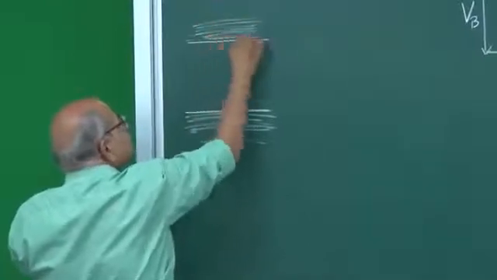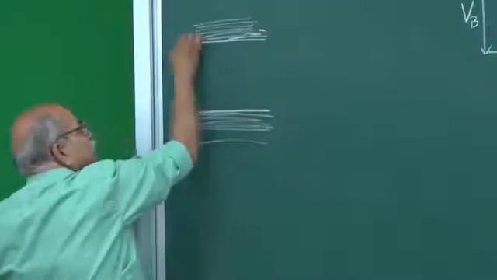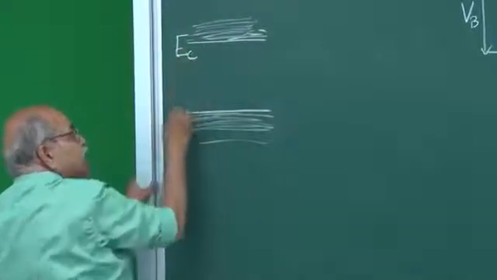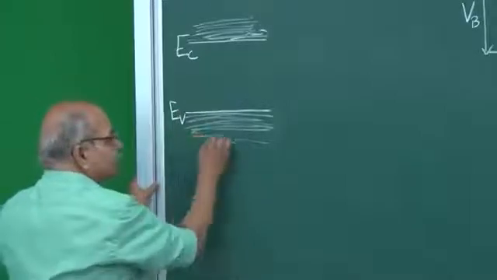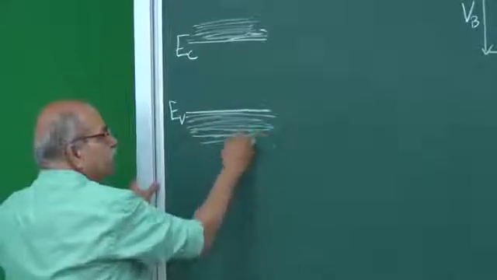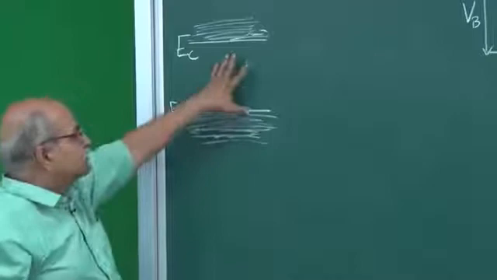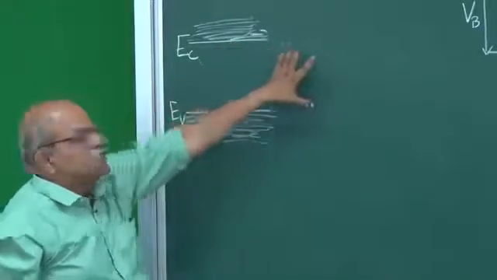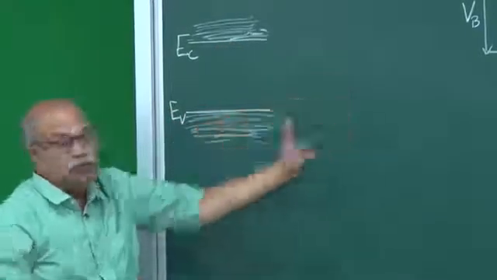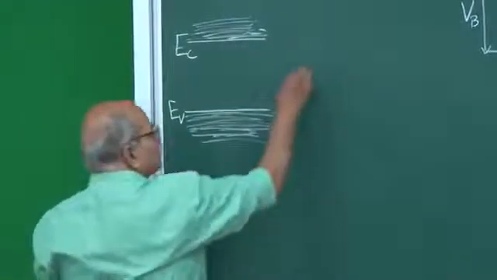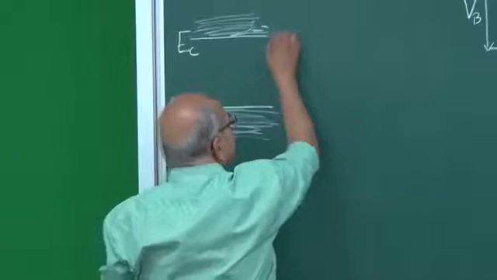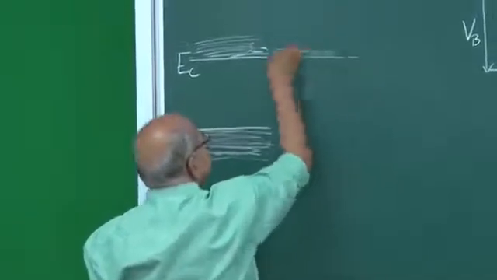So you have this bottom edge of conduction band here and the top edge of the valence band here. Same is the case with p type, same is the case with n type if there is no crosstalk between them. So the other side also is like this, same.